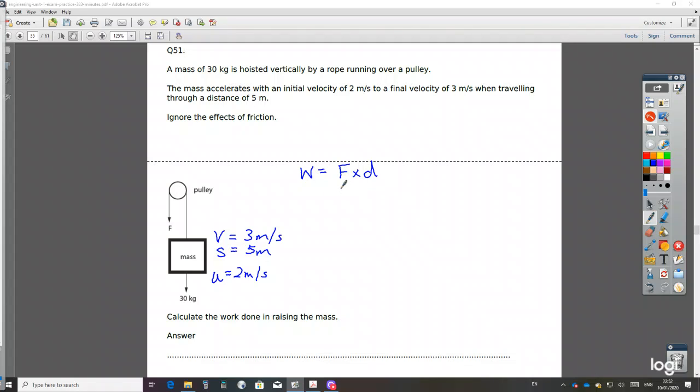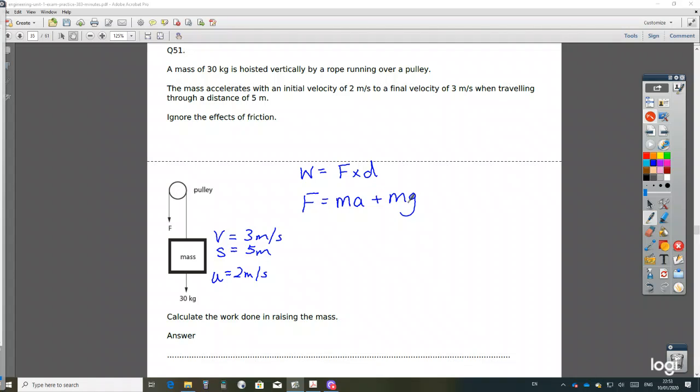So the force is not only due to ma, but also due to mg, and this is also the case when we did the pile question, but just this time it's moving upwards rather than downwards. So please remember to add the mg as well, not just ma.